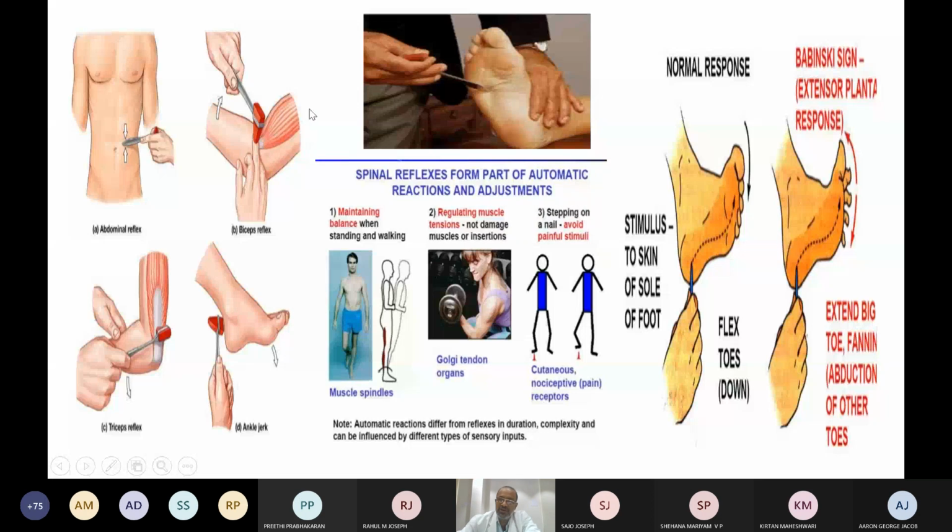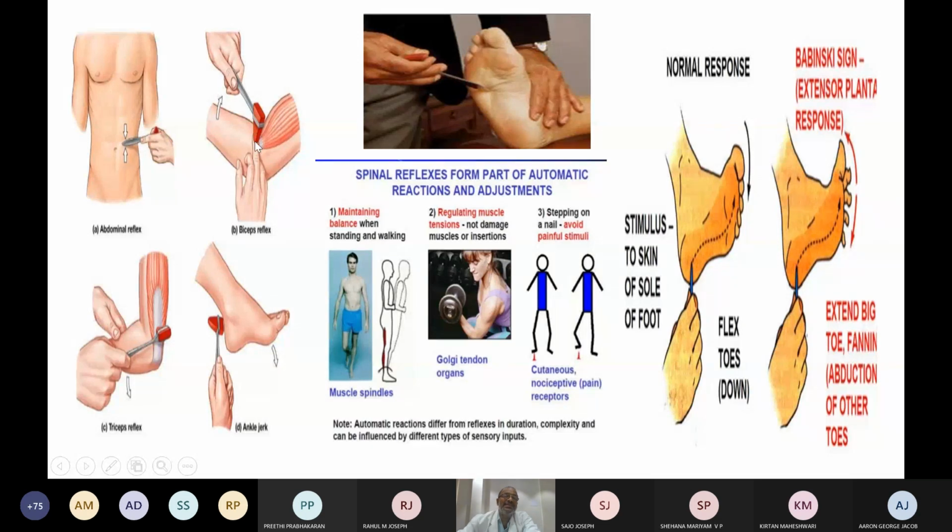Deep reflexes, under which the first one is the jaw jerk, second the biceps jerk, third the triceps jerk, fourth the supinator jerk, fifth the knee jerk, and sixth the ankle jerk. So you have to know that. How are you going to demonstrate?